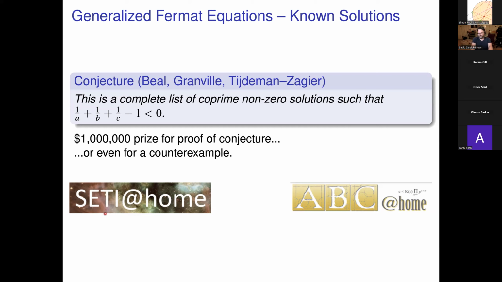So it's the search for extraterrestrial intelligence. Eventually, people said, aliens are interesting, but let's use it to do number theory. So there was a similar project where you could donate the spare time on your computer, collaboratively in parallel, to look for interesting solutions to the ABC equation, but in particular to other solutions to this generalized Fermat equation.